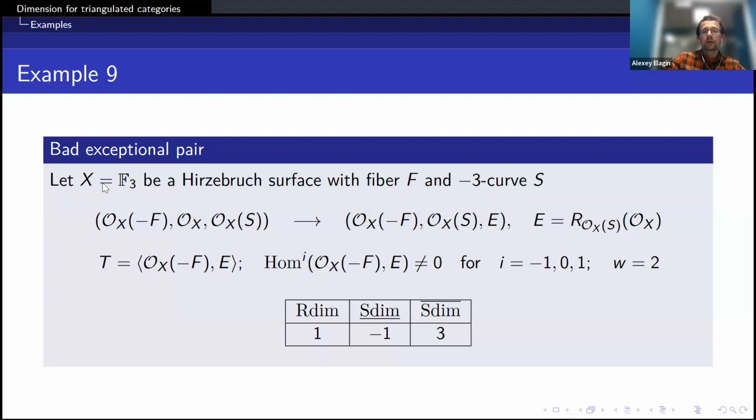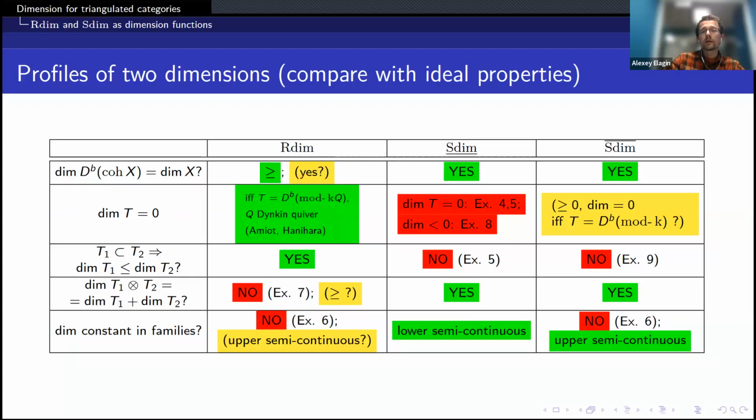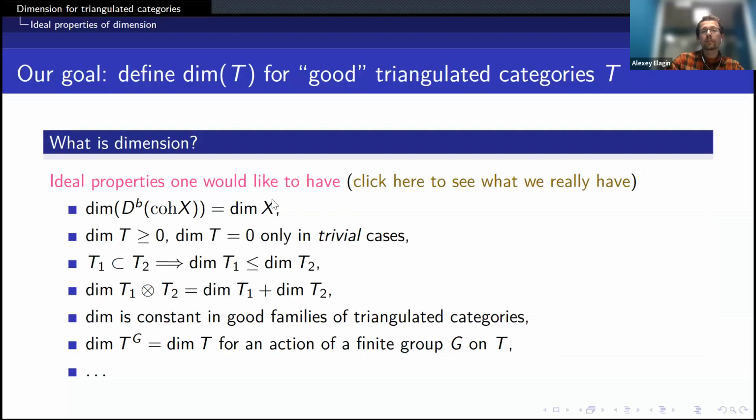Now, let me summarize what we have. I recall that we had some list of ideal properties that a good notion of dimension should have. Now let's see what we indeed have for Rouquier dimension and for Serre dimension.